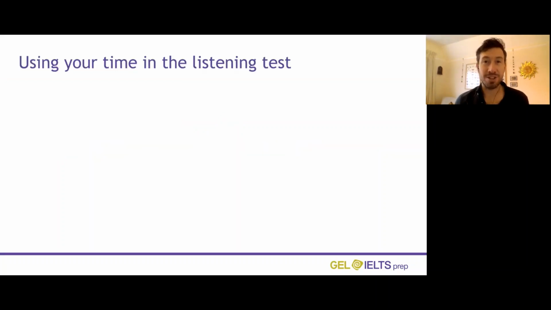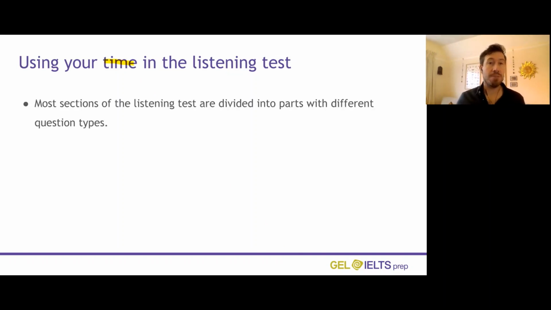So let's start by looking at something more general, which is the use of time in the listening test. Obviously, you have to use your time as well as you possibly can. Now, the first point is that most sections in the listening are divided into two parts, and they have different question types in each part.